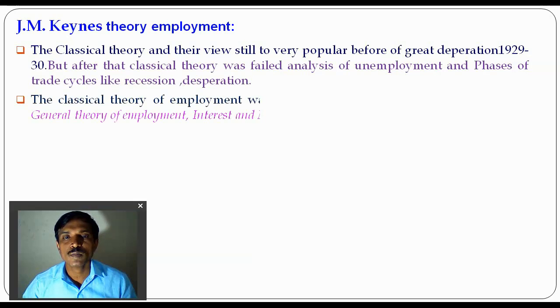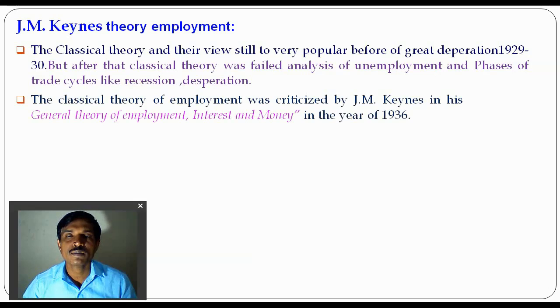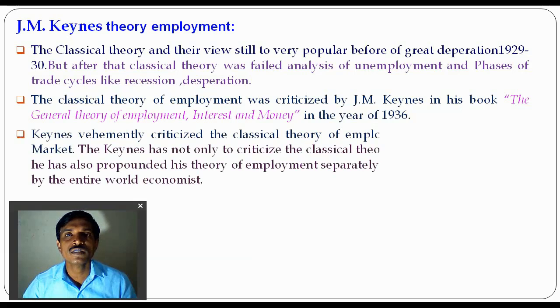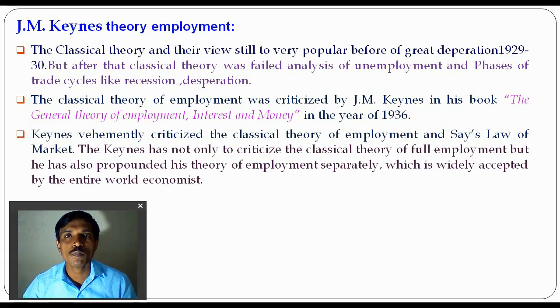The classical theory of employment was criticized by John Keynes in his book The General Theory of Employment, Interest and Money in 1936. He not only criticized the classical theory and Say's law of markets, but also proposed and separately explained his own theory, which is widely accepted over the world.